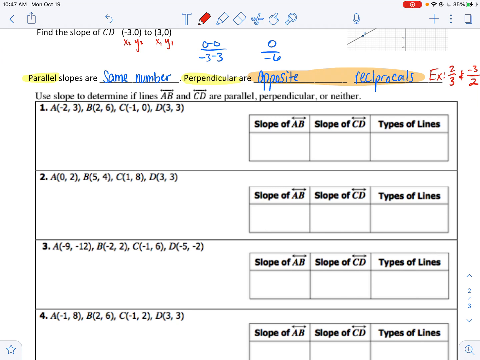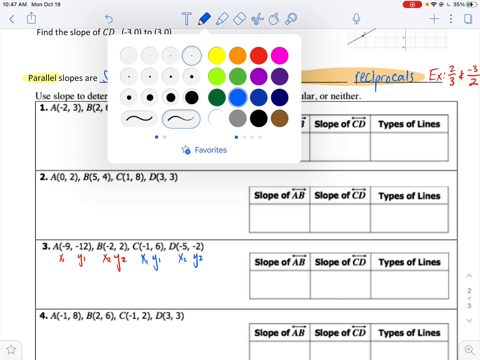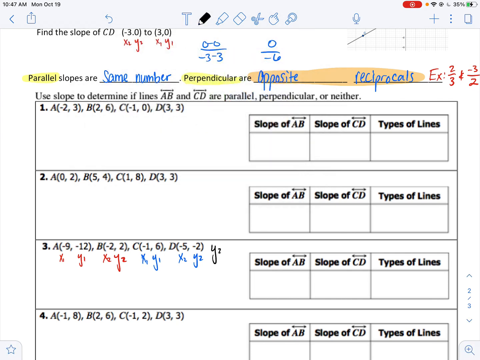Now let's try number 3. I've got x1, y1, x2, y2, and again, as long as you're consistent, it really doesn't matter. But I'm going to say that's x1, y1, and x2, y2, just to keep it consistent. We'll use our slope formula, y2 minus y1 over x2 minus x1.